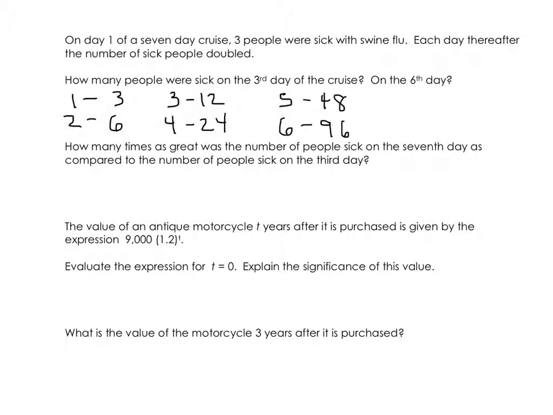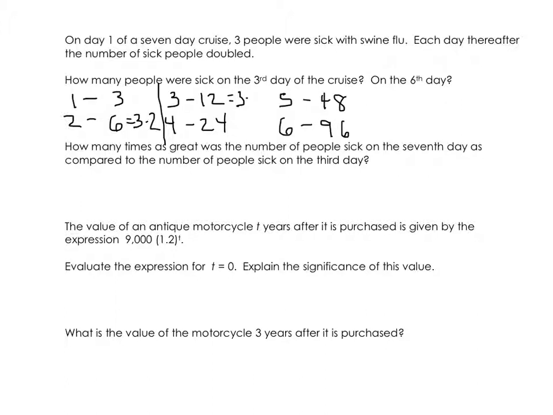Is there another way we can do this? Day 2 is 6. So what we did is we took 3 times 2. Day 3, we have 12 people sick. So we took the previous day, which was 6, and multiplied it times 2.